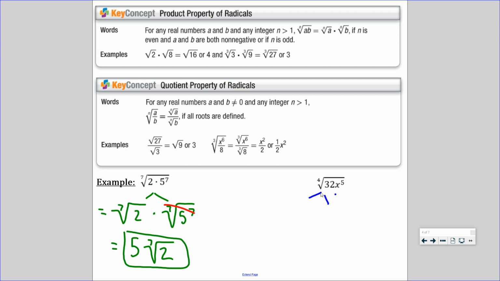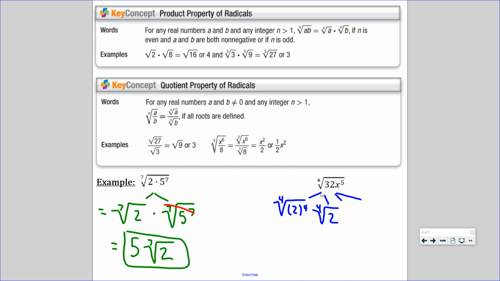The thing that was weird about this one was when I broke it up, I didn't have perfect 4th powers, because 2 to the 4th is only 16, but I have a 32. I do have a perfect 4th power there, but I have this other 2 left over, because 16 times 2 would give me that 32.